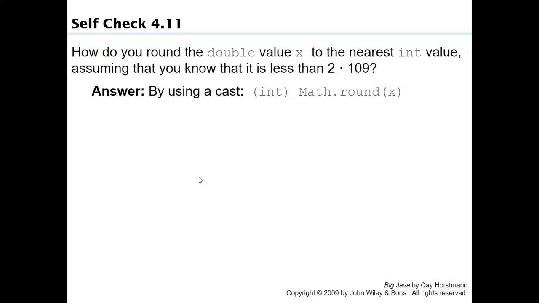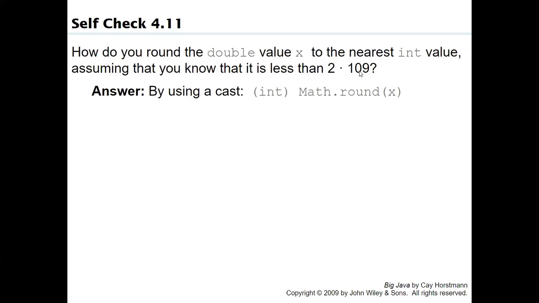Now, how do you round the double value x to the nearest int value, assuming that you know that it's less than 2.2 times 10^9? Not sure what they're saying there. I don't think they mean times. I think they mean 2 raised to a power.